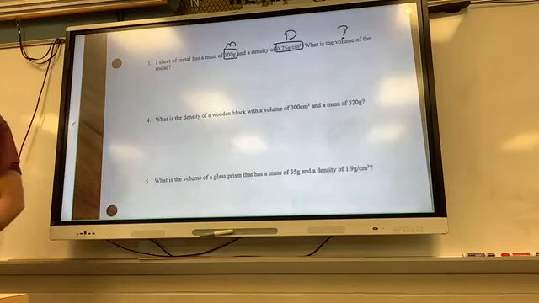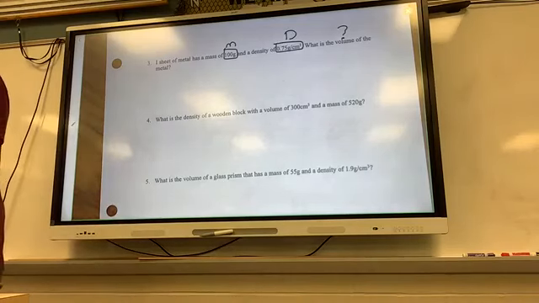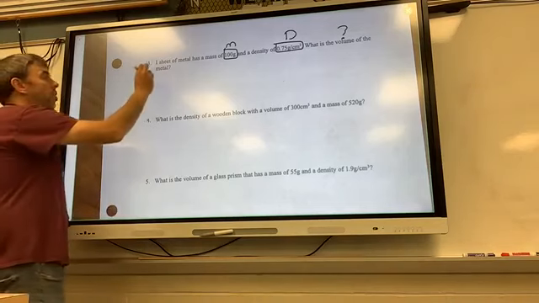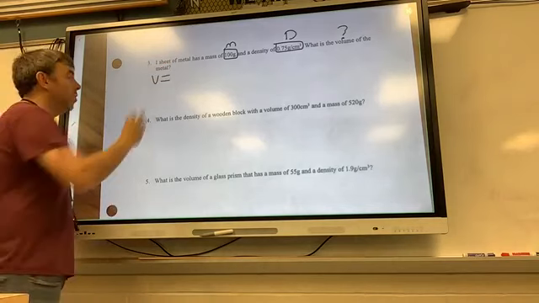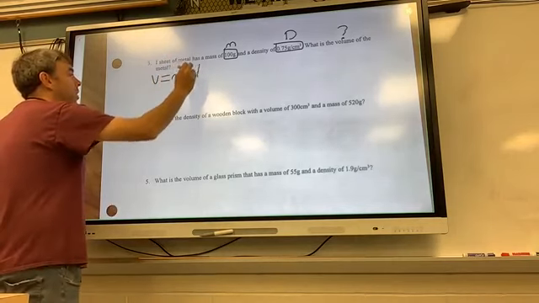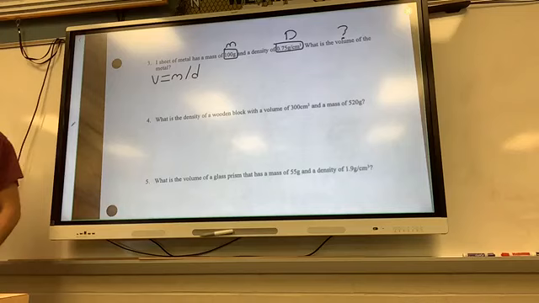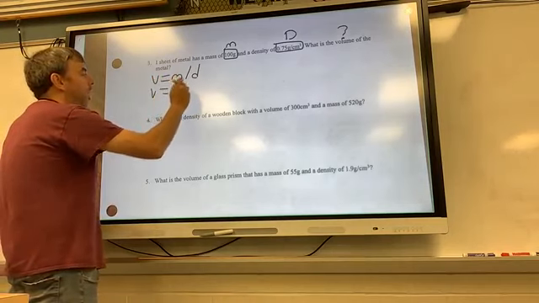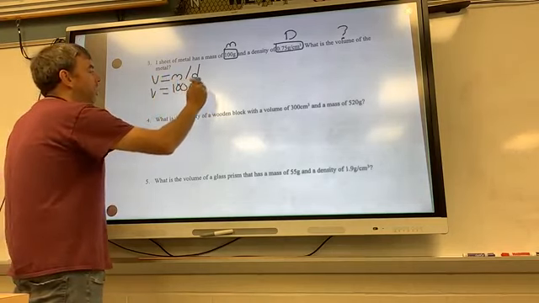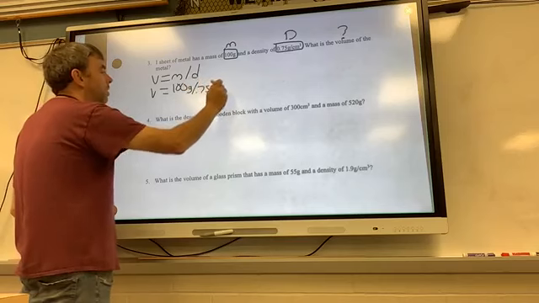You have to do the ones in the back too. On this one, what am I solving for? Volume. What is the equation for volume? V equals M over D. Good. So we know how to use the equation sheet. Head nod if you feel good about using it. Okay, V equals 100 grams divided by 0.75 grams per centimeters cubed.